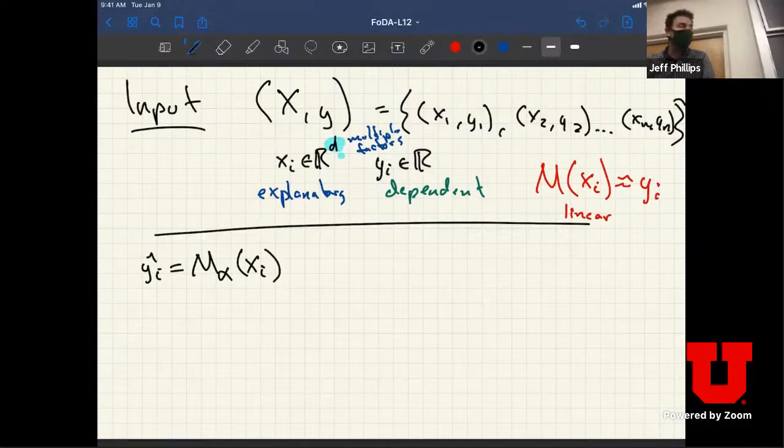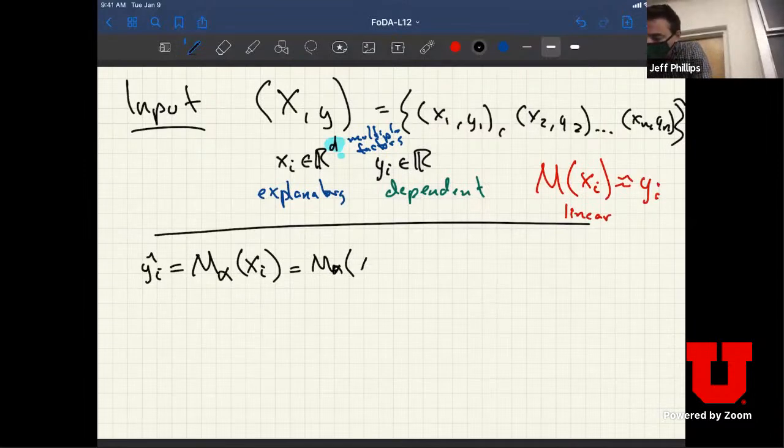But this is going to be taking this xi. What does this model look like if it's going to be a linear model? I'm going to think of this as m alpha, and this xi is now a d-dimensional variable.